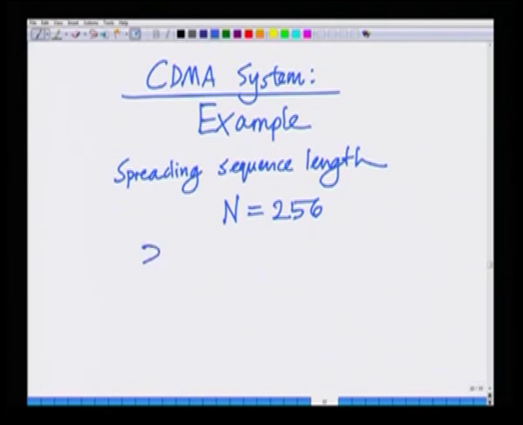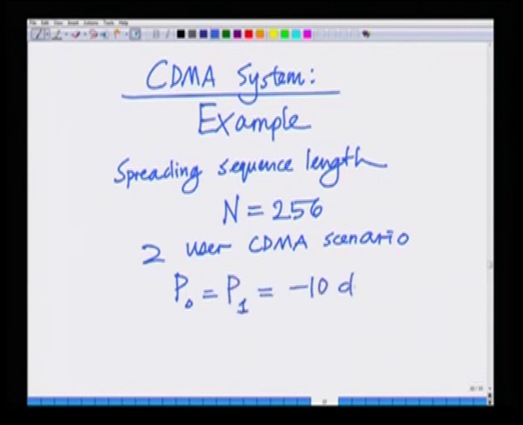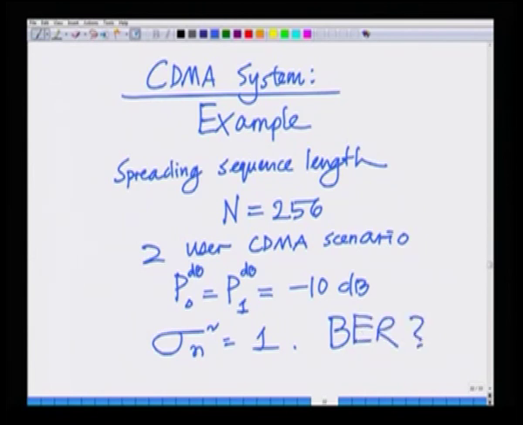I am going to consider a 2 user CDMA scenario in which P0 equals P1 equals minus 10 dB, that is the powers in dB are minus 10 dB. The noise power sigma n square equals 1. I want to ask what is the bit error rate of this system.